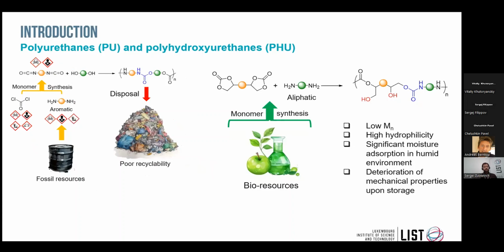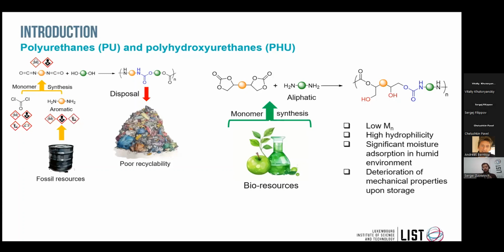And so that's why they are less toxic than aromatic ones, to have a similar class of polymers which mimic the polyurethane structure, but have a slightly different structure because they have pendant OH groups in the polymer backbone. So the starting compounds for this class of polymers, called polyhydroxyurethanes, which are considered one of the potential alternatives to polyurethanes, also can be sourced from bioresources.